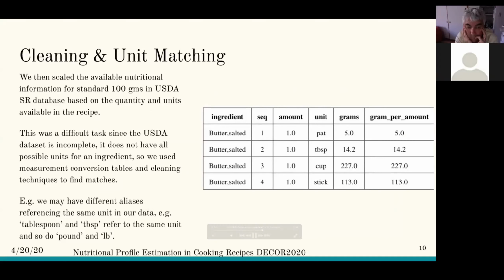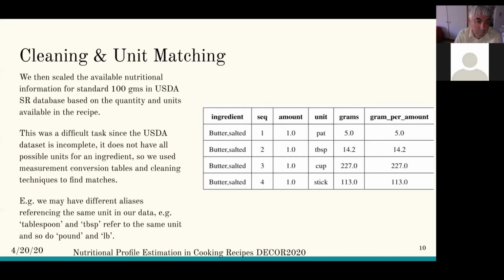So what we need to do is map the unit that we have in our database to the unit presented in the recipe, and match the amount present in both. So what we did was scale the available nutritional information for a standard 100 grams in the USDA database based on the quantity in units.